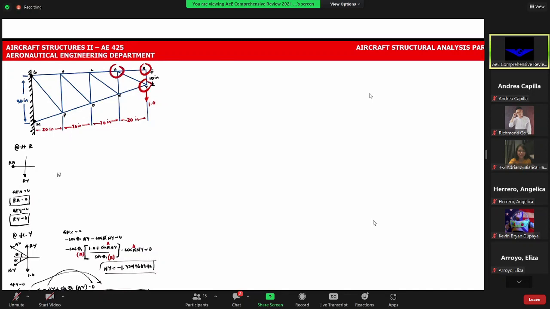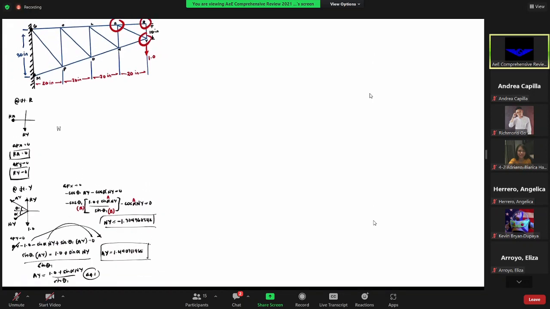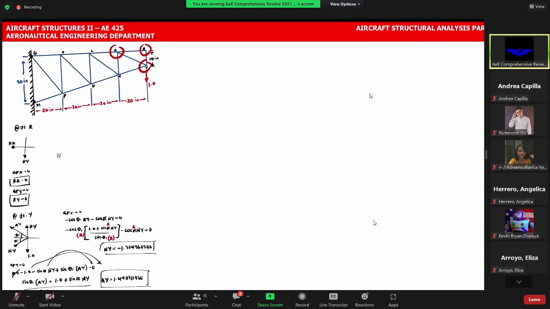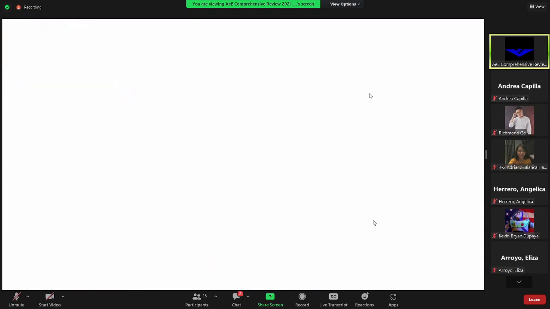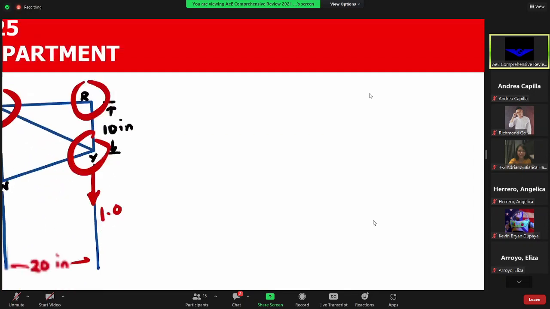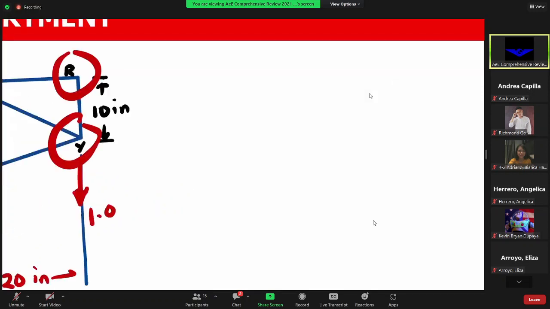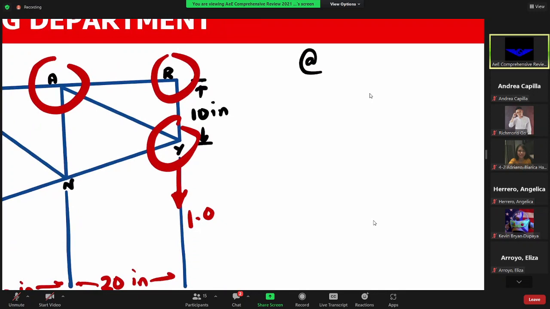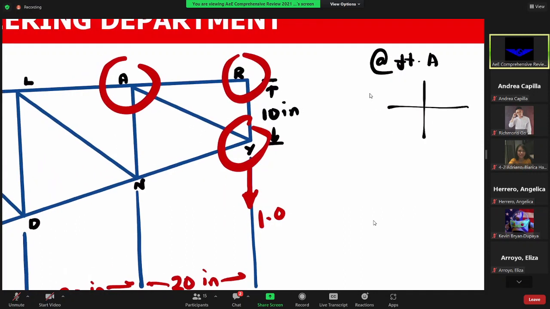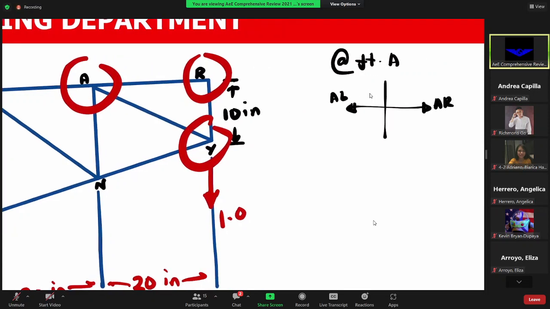Uulitin mo yung per joint na ginawa mo kanina. So that is at joint A. Okay, so dito na lang natin ilagay sa katabi niya para isang page lang. So at joint A, no, meron tayong ganitong free body diagram lang. Meron tayong AL, meron tayong AR, meron tayong AN, and then meron tayong AY.